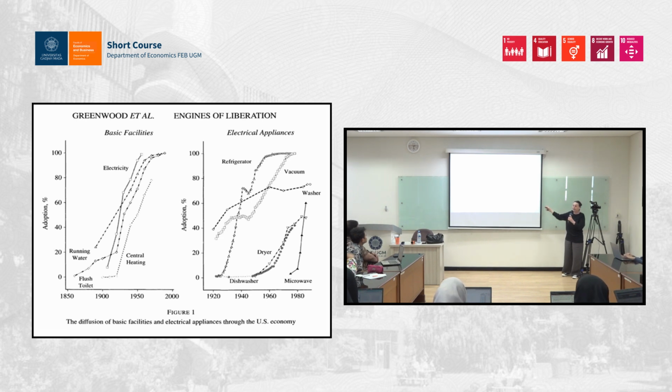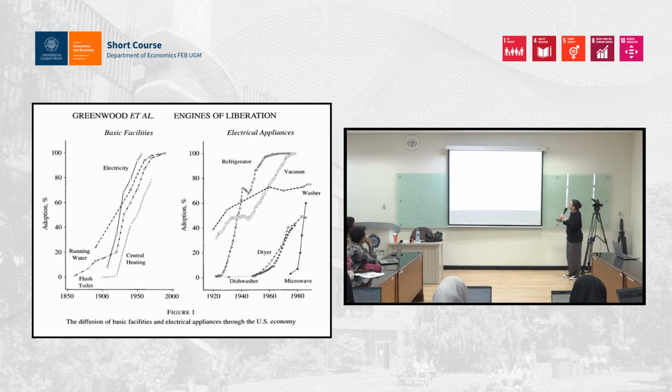You don't have 100% of households that have a microwave. If you look at the dryer, that's also 40-50%. If you look at the dishwasher, 40-50% of households. Often the dishwasher was really the category which only some households could afford. And then the vacuum cleaner, everyone had it.